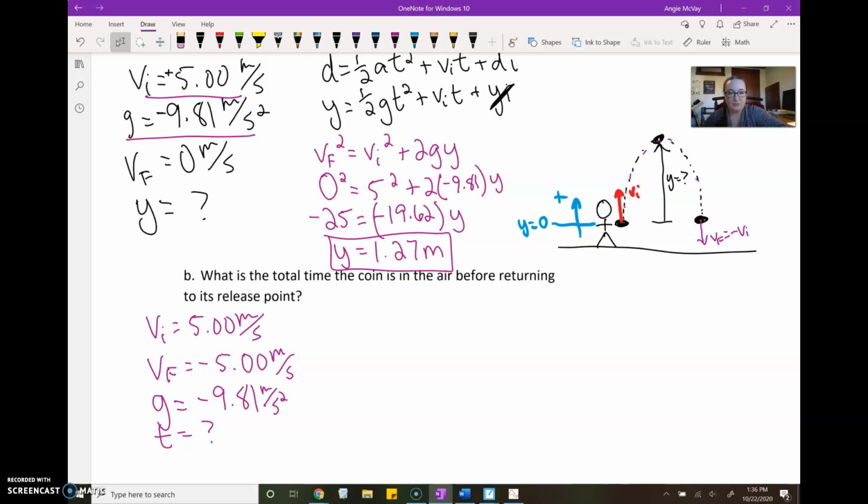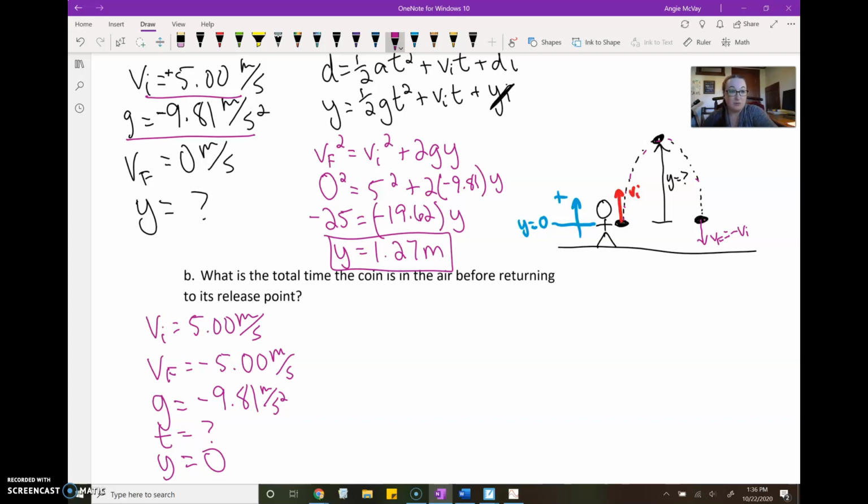Okay, remember, displacement is the value of the distance in a straight line between where an object starts and where it finishes. So if we did use that master motion equation, the displacement would be 0 because the coin started out at the same point where it finishes. Okay, so we could use that.